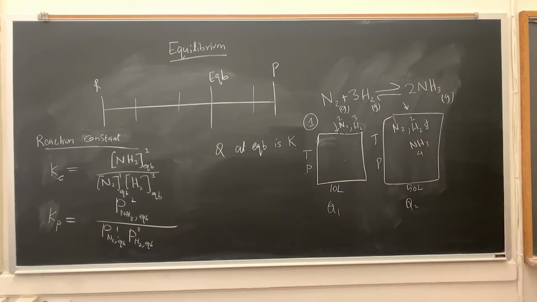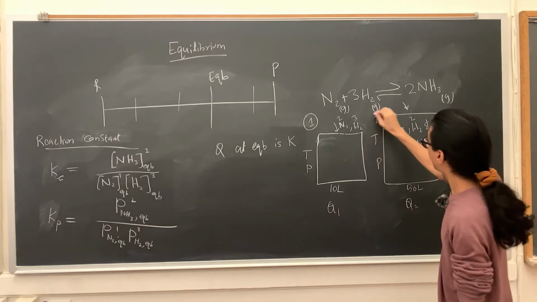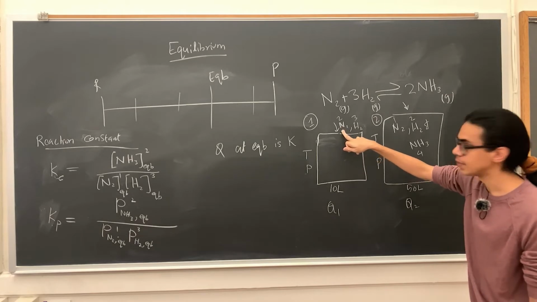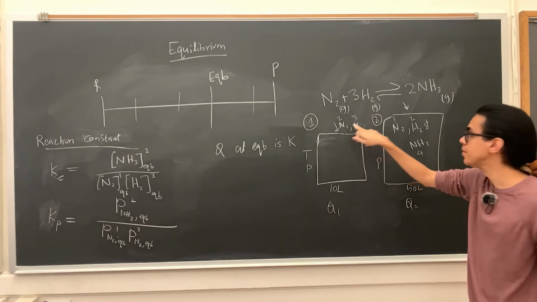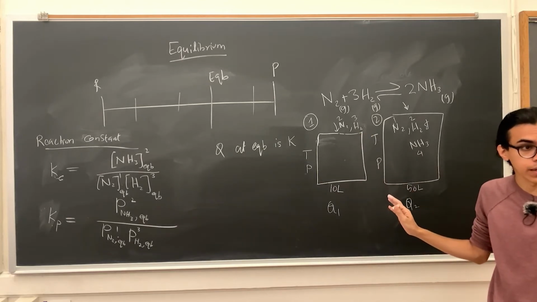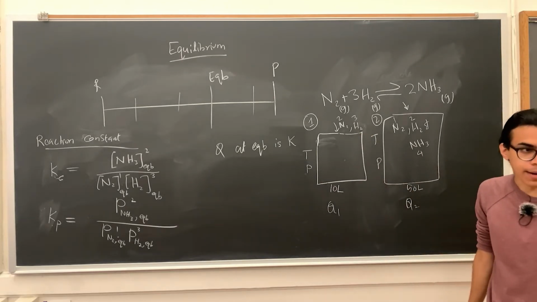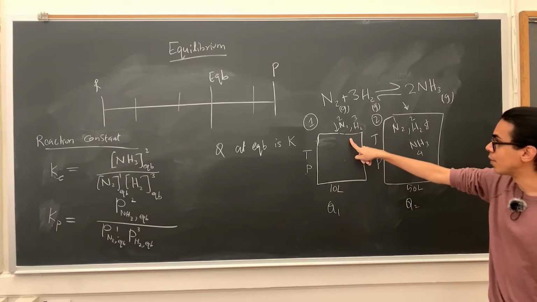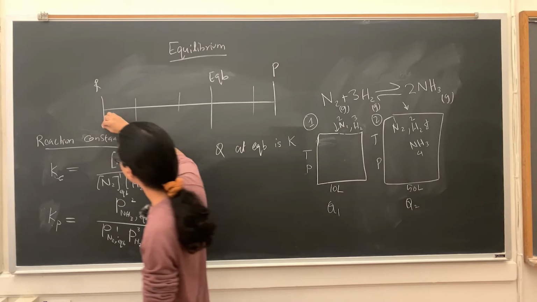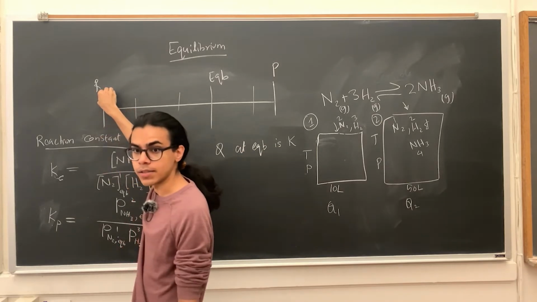Yeah? For the first one, you put N2 and H2, and the second one you put N2, H2, and NH3. Yep. So this is like, I've put two pressure units of N2, 3 pressure units of H2, and 0 pressure units of NH3. So this is basically me starting the reaction all the way here, right? All reactants, no products.